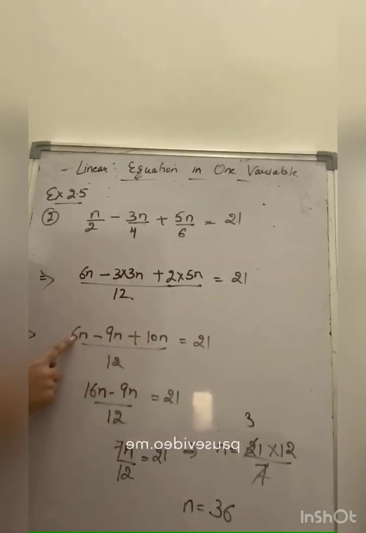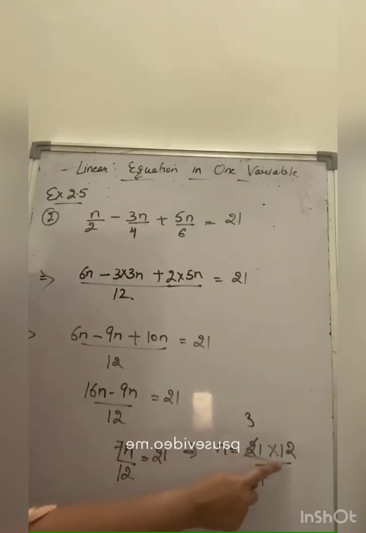So 10n plus 6n is 16n minus 9n over 12 is equal to 21. 16n minus 9n is 7n. 7n over 12 is equal to 21. So n is equal to 21. This 12 will get multiplied with 21 and 7 will get divided. So 21 into 12 over 7 and we get n as 36.